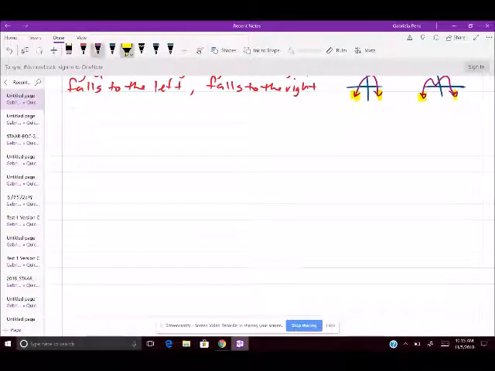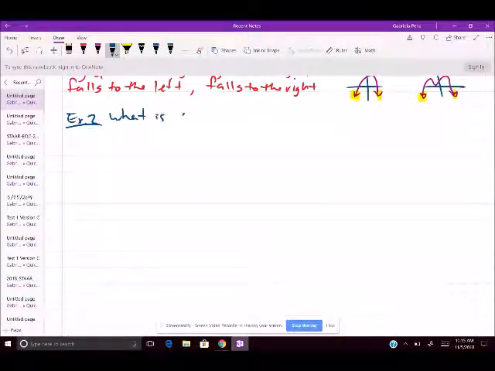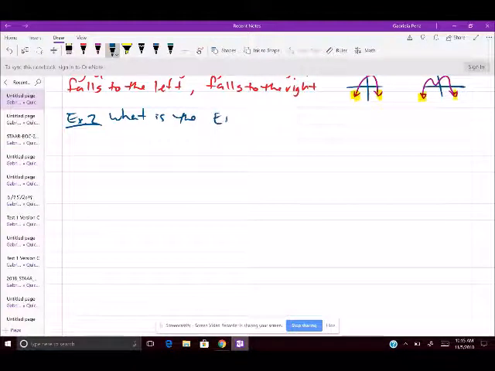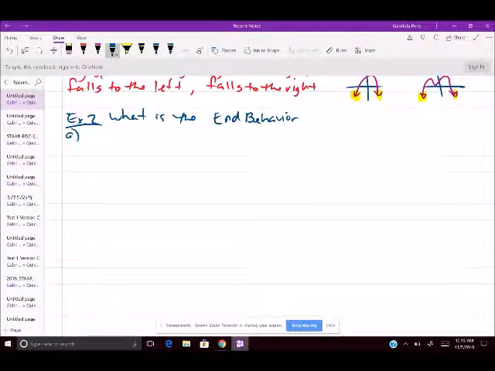Okay, so for example number 2. Example number 2 is: what is the end behavior? And it has to do with everything we just wrote down. We're going to do 3 examples just so we can see what the difference is. The first one is y equals 2x to the 5th plus 3x squared minus 2.